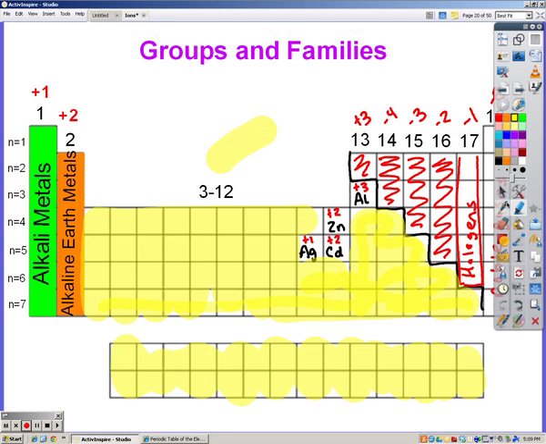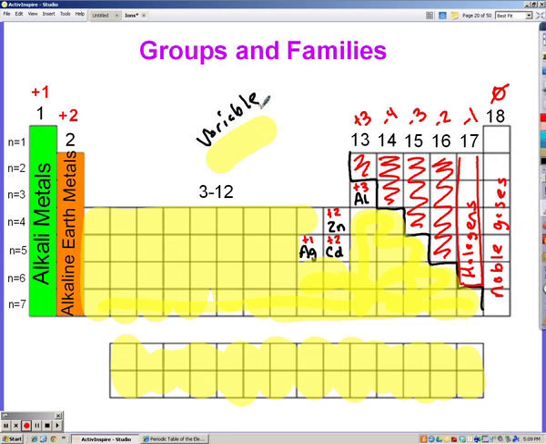So all the yellow ones I just highlighted are variable charges. Variable meaning that they change. You can have multiple charges. Because of that, you have to use Roman numerals when you name them.